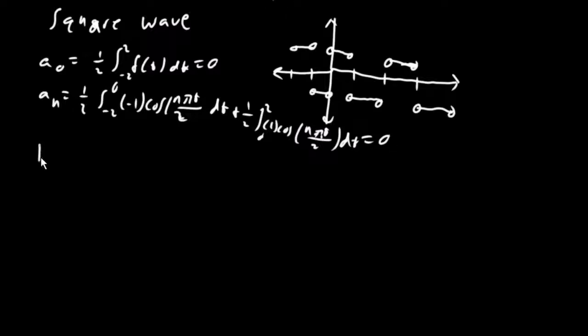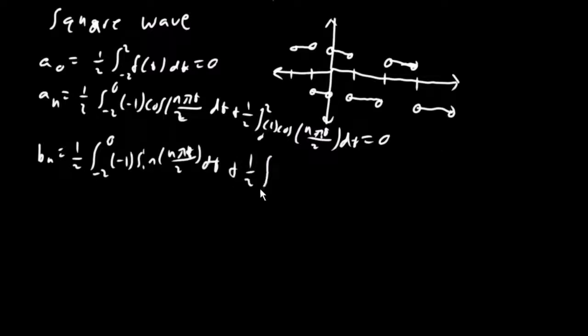Now we're going to go for b sub n. B sub n is equal to 1/2 integral from -2 to 0 of -1 sine n pi t over 2 dt, plus 1/2 integral from 0 to 2 of +1 sine n pi t over 2 dt.